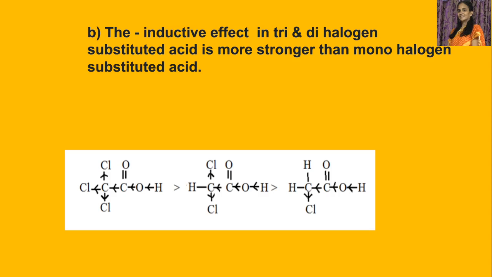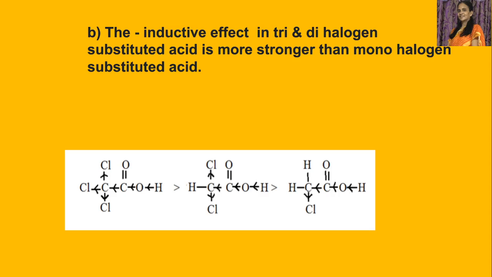So this chlorine atom attracts the bond pair of electrons towards itself. This is called the negative inductive effect. Due to this minus I effect, the bond pair of electrons is shifted, that is, this carbon atom attracts the bond pair of electrons more towards itself. Then this carbon acquires a partial positive charge.